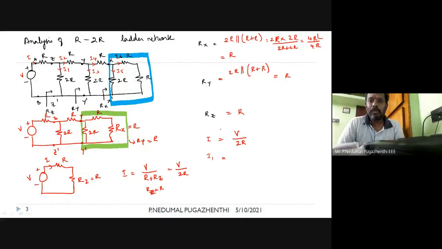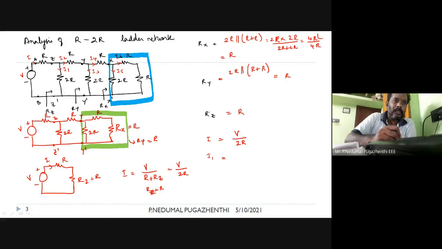You know your current division rule. I already discussed the current division rule in the previous class. Do you remember that? At least respond.